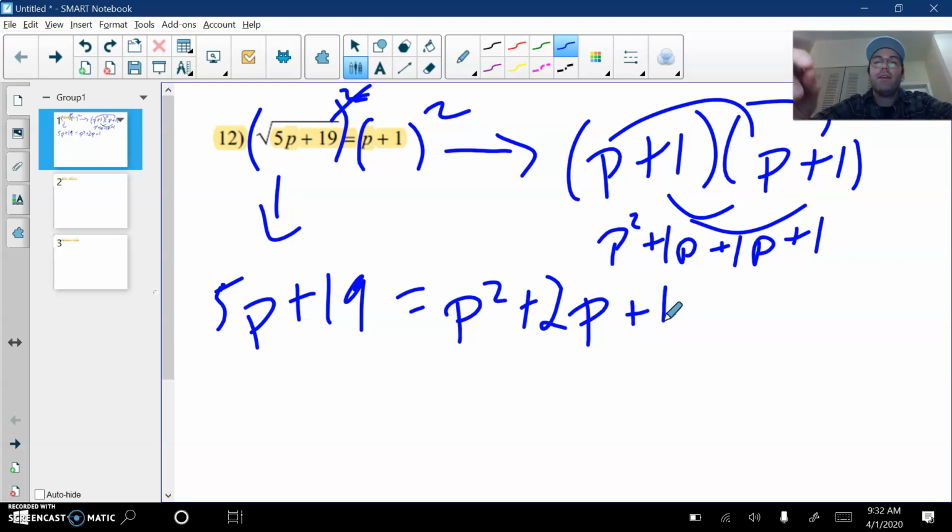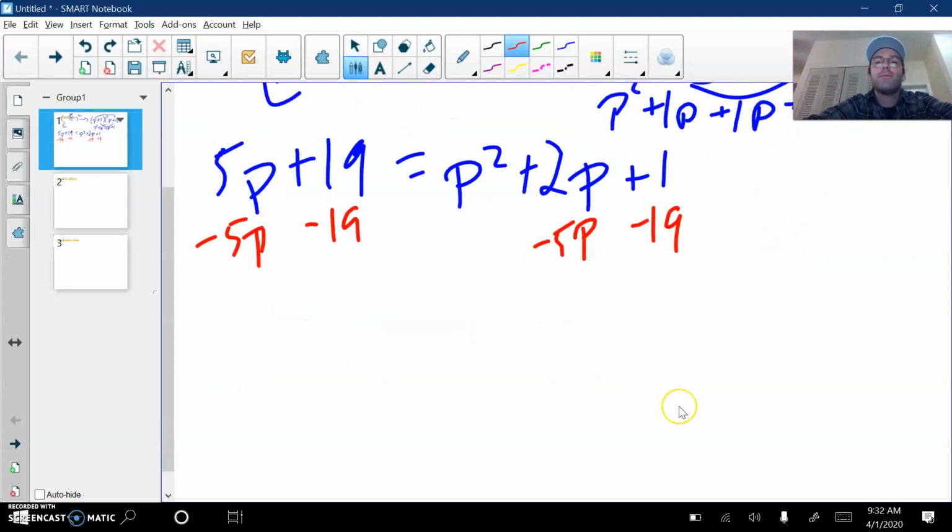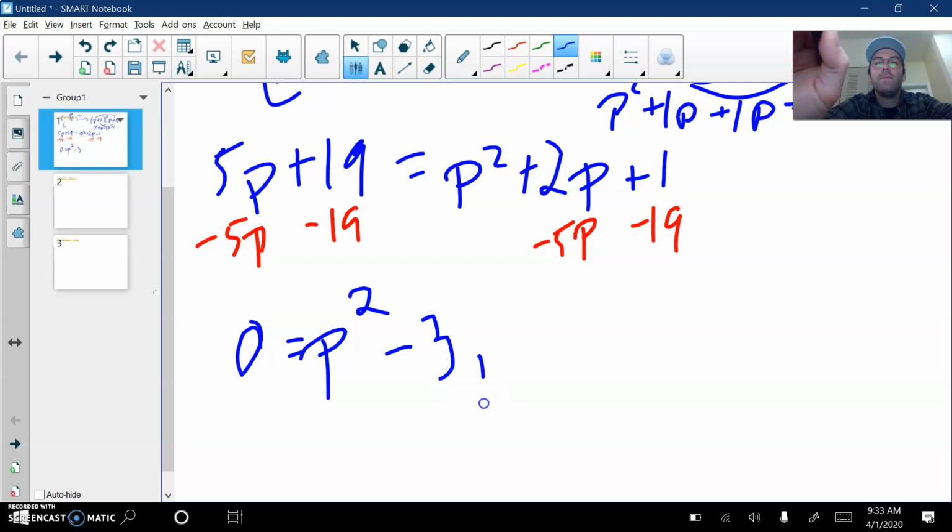All right, now that I have a square term in here, I want to move everything to the same side, so subtract 5p, subtract 19. So it becomes 0 equals p squared minus 3p minus 18.